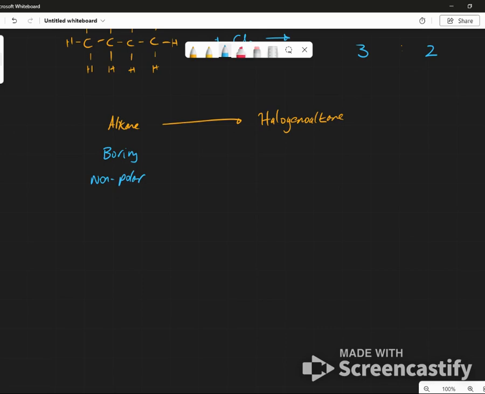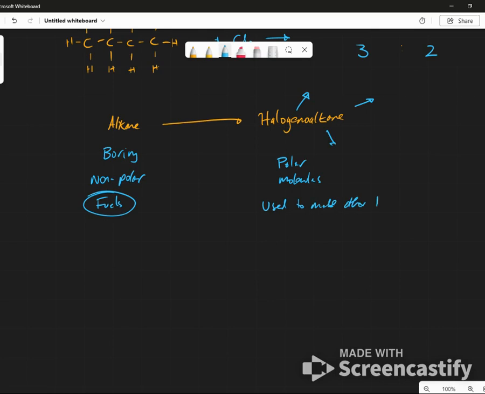And they don't do much, and we don't like them. They burn. You can use them as fuels, but other than that, they're pretty boring. Halogenoalkanes are not boring. You can make these into loads of things. So these are polar molecules, and they're used to make other things.